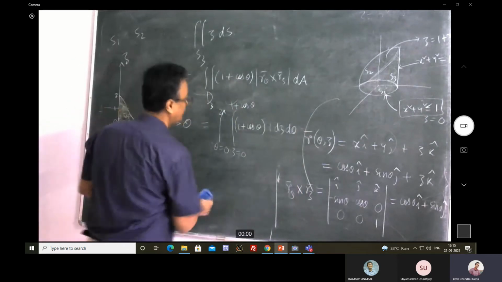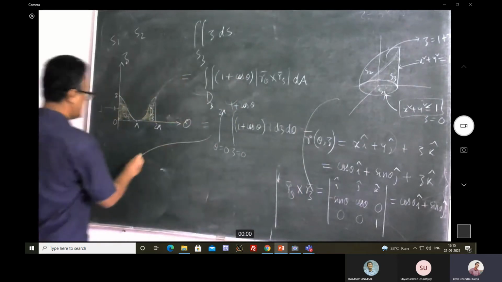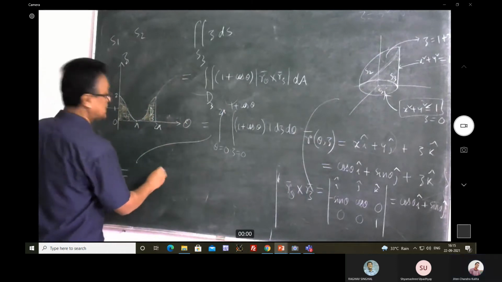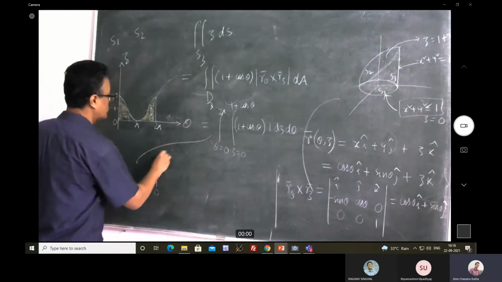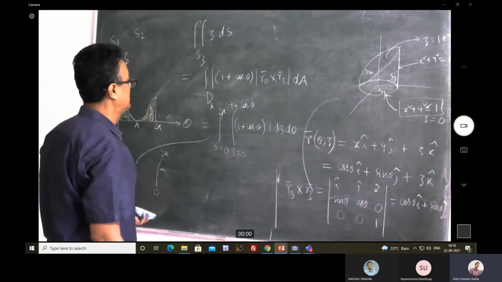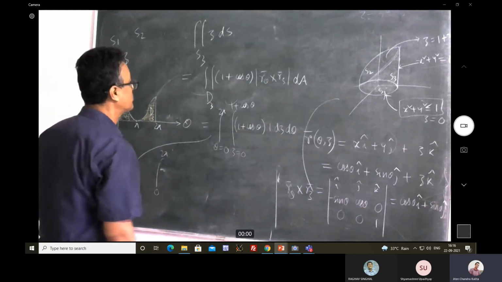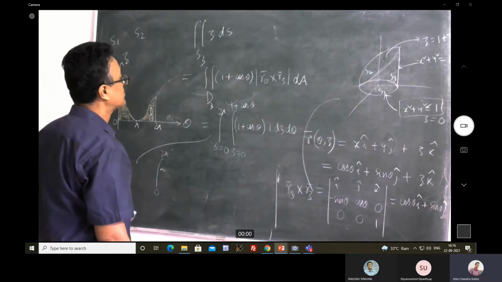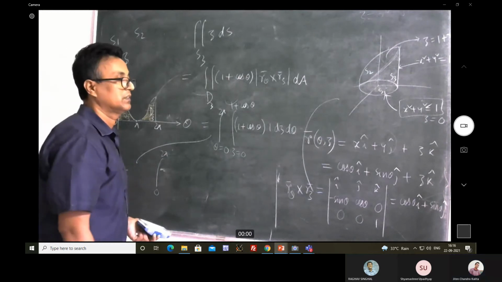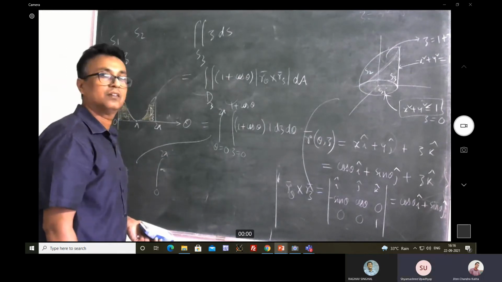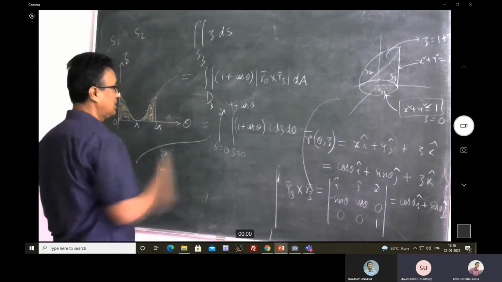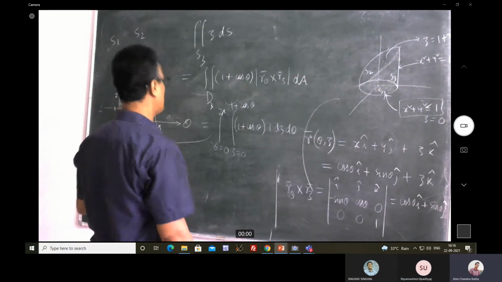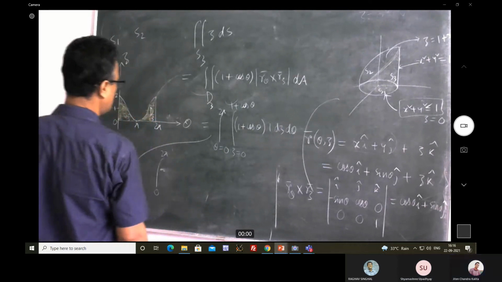Okay, so then from here, what you can get is 0 to 2 pi, and then this is simply going to be 1 plus cos theta squared.